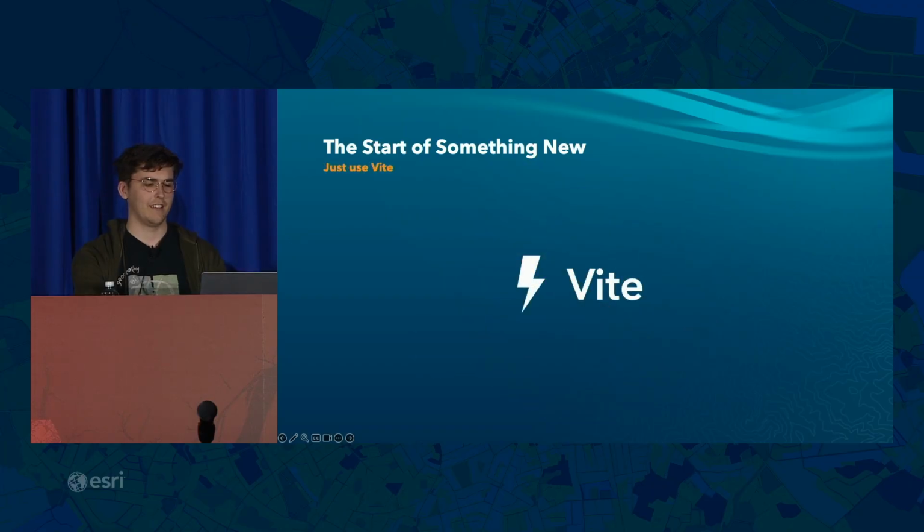And Vite is relatively a newer tool. It's been in a stable phase for probably about a year or two at this point. And if you have no idea what Vite is or even what Webpack is, these are essentially the tools that are running the base of our web application project.